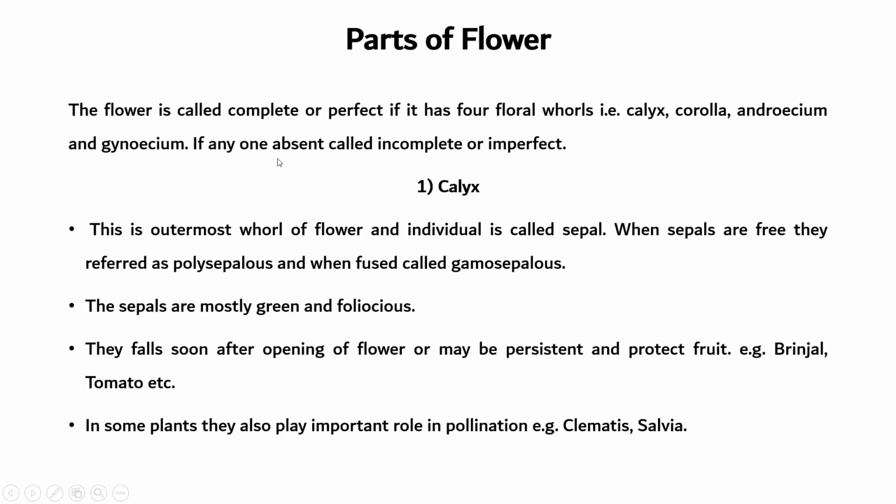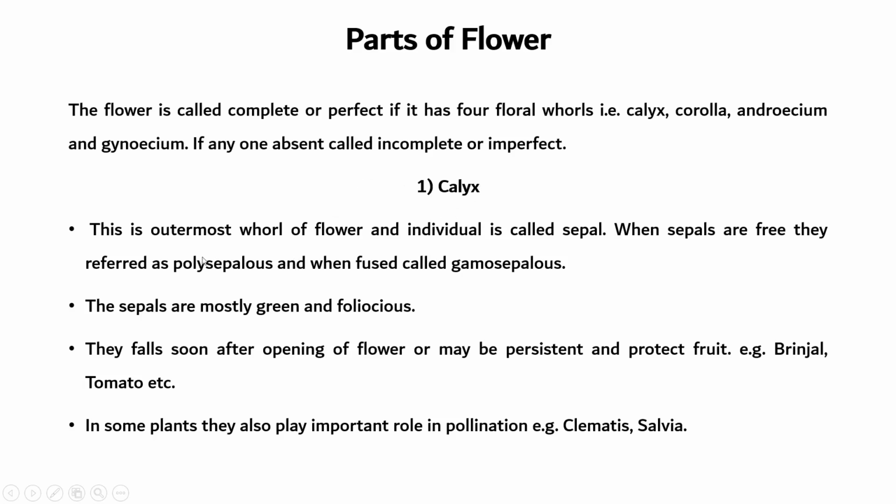If any one whorl, either male or female, or calyx and corolla, is missing, it is called an incomplete or imperfect flower. Now we have seen in the diagram, this is the calyx, the outermost whorl. It is an accessory whorl.